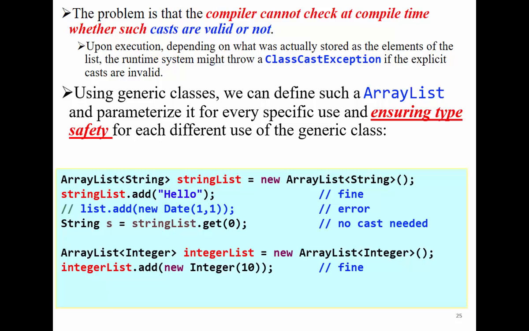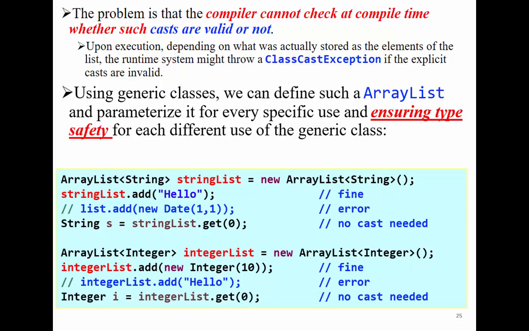If I provide only 10 here, Java will understand and put it inside the Integer object, which is the boxing concept in Java. If I decide to insert "hello", the compiler will give an error. You cannot insert a string inside an ArrayList of integers. You can get it back without any casting operations. Everything is safe by specifying the generic type inside the angular brackets.